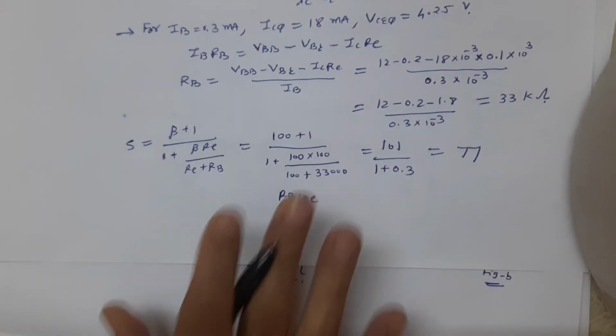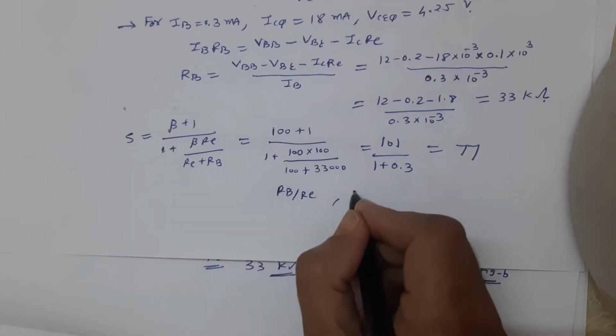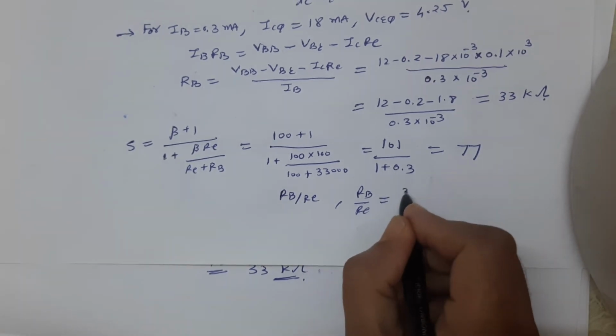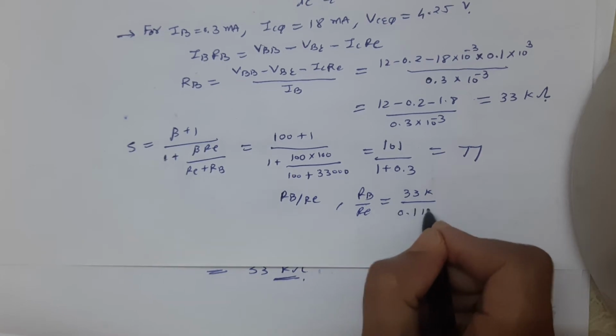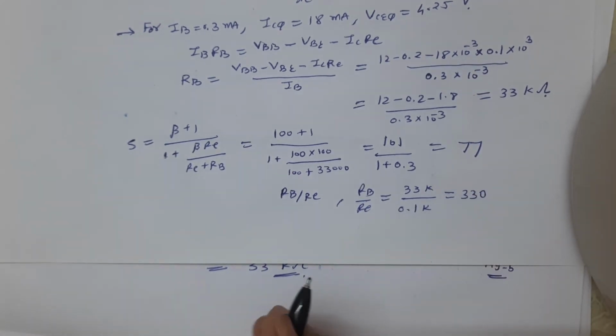So the ratio RB upon RE is equal to 33 kilo ohm upon 0.1 kilo ohm, and it is equal to 330. This indicates the dependence of stability factor S upon RB upon RE.